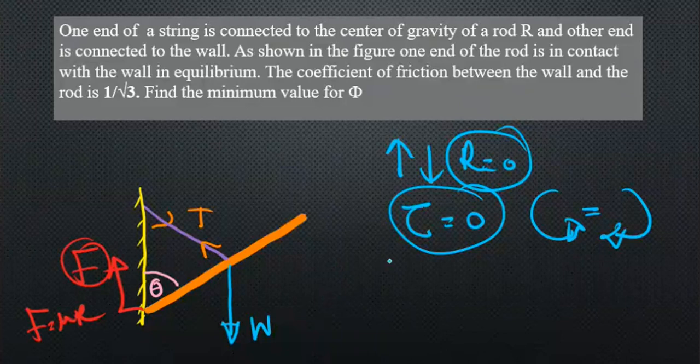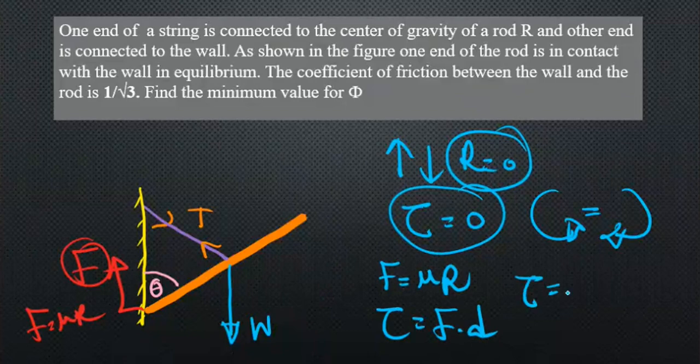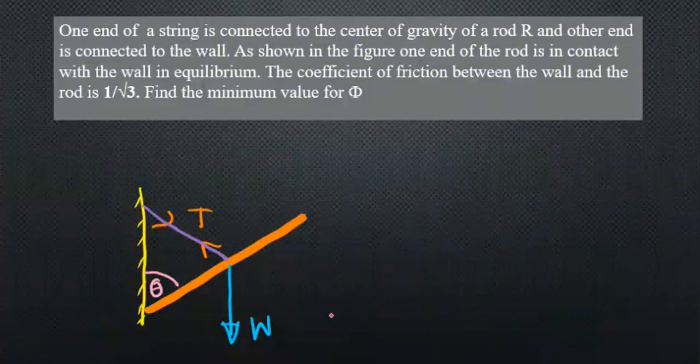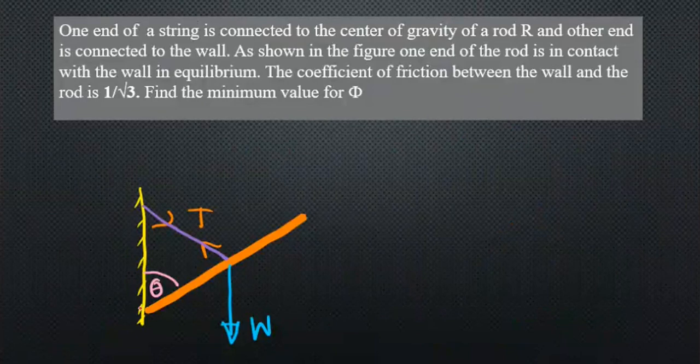Of course, we wrote frictional force F equals mu R, and torque for the moments is force into perpendicular displacement, F into d, and for the equilibrium the moments have to be zero, right? So let's write the equations. The forces we need: frictional force F equals mu R, and tension, W, right?